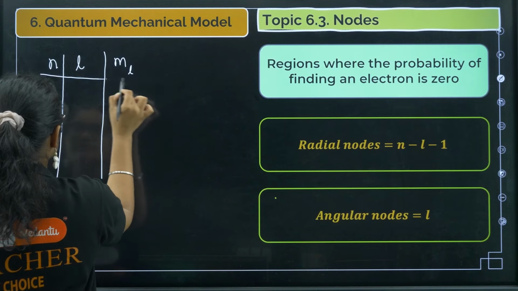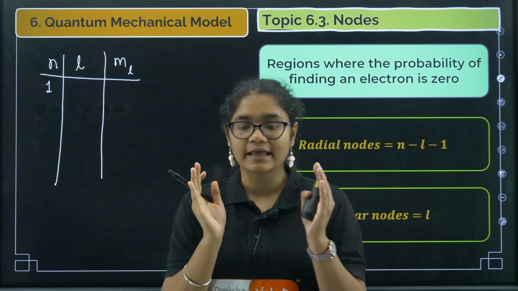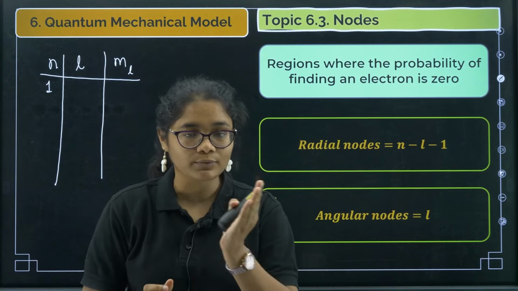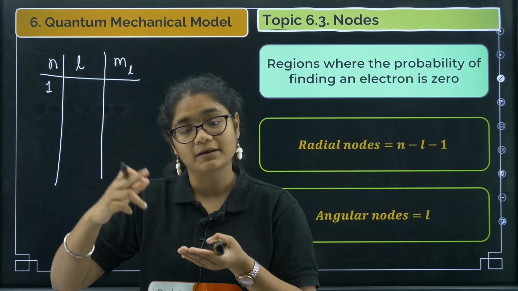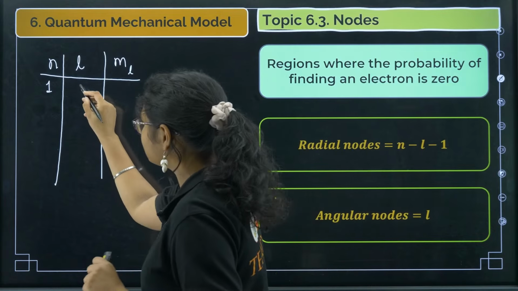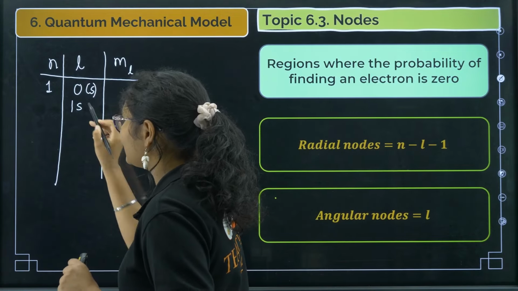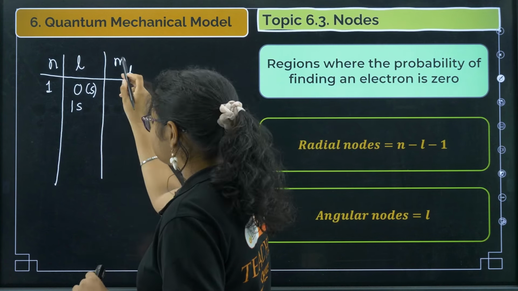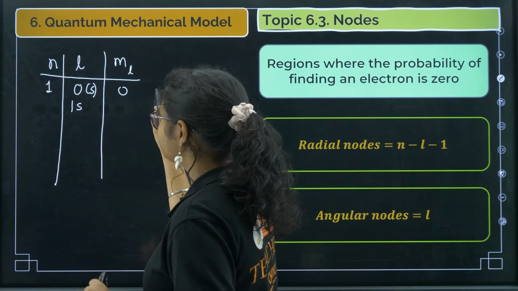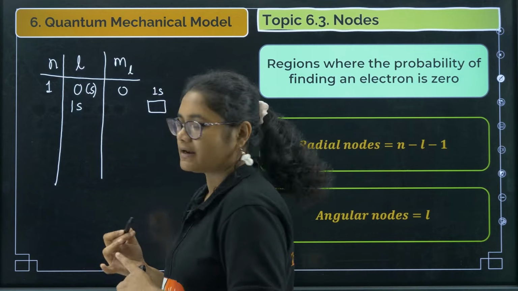First I will take N equal to 1. If N is equal to 1, the L values vary from 0 to N minus 1. Here N is 1, so 1 minus 1 is 0, that means it is 0 only. That means this is S, so this one can be called 1S. In this 1S the ML value also is 0 only.